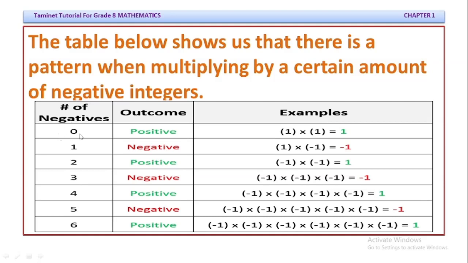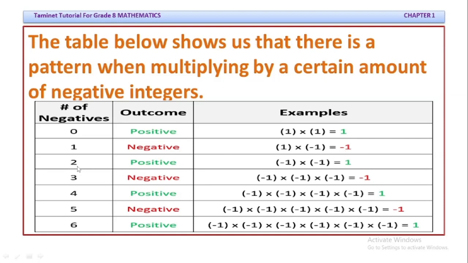If there are 0 negatives, for example 1 times 1, there is no negative here, so the sign of the product will be what? Positive. Now look, 1 is odd, so if one of the factors is negative, the product will always be what? Negative. Here 2 is even.